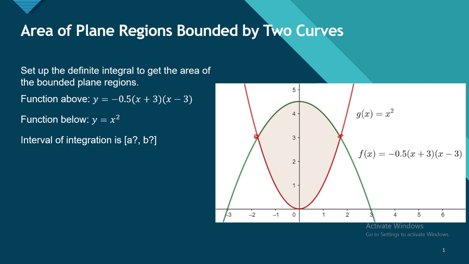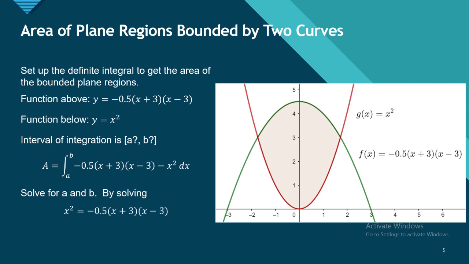This is the definite integral, but we don't know a and b, so we solve for a and b by solving this equation, because at the points of intersection, g of x is equal to f of x. Solve for x. You know how to proceed because this is a quadratic equation.